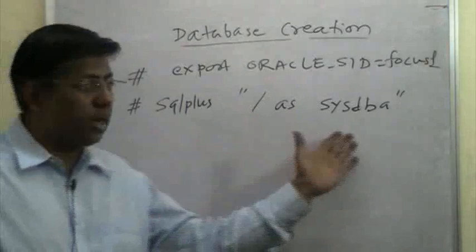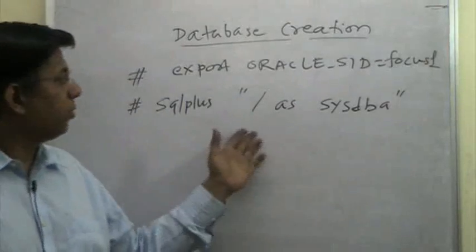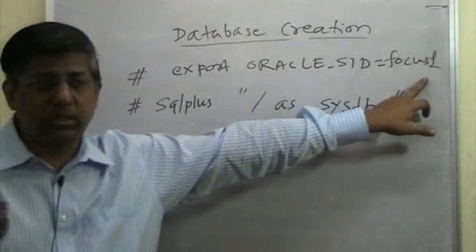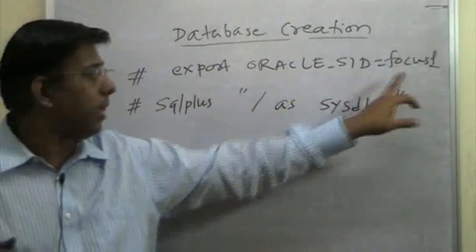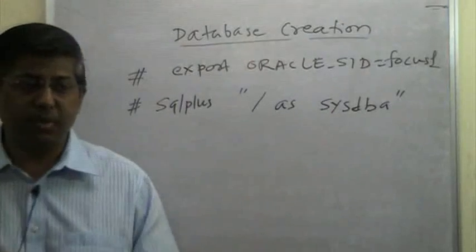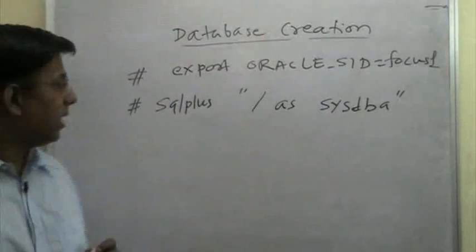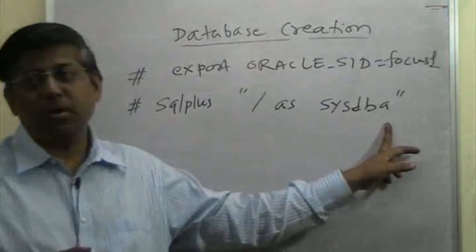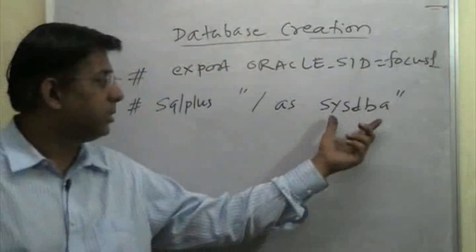So what are you logging into? You are still logging into an Oracle instance which has not yet been started at all. Nothing is running. There will be just one dedicated server process for you which will be running now. Okay, and this is a special way of logging into the database instance called sysdba.